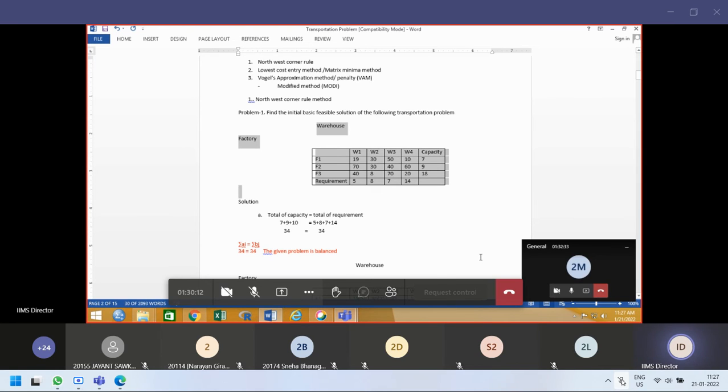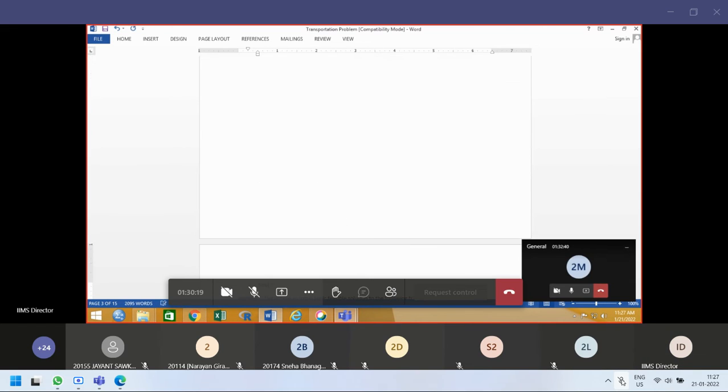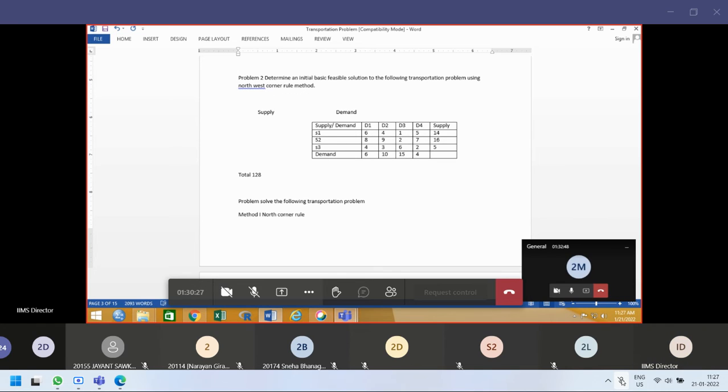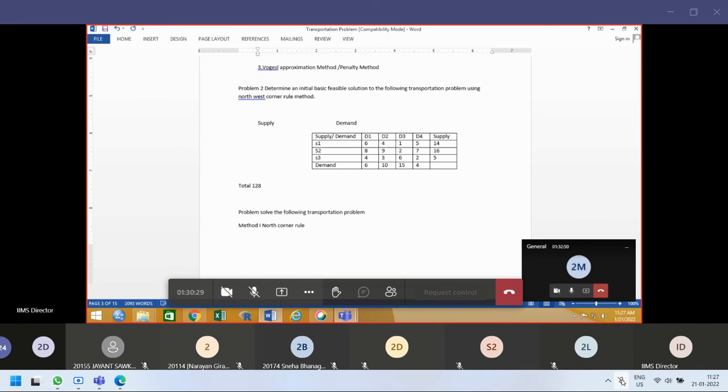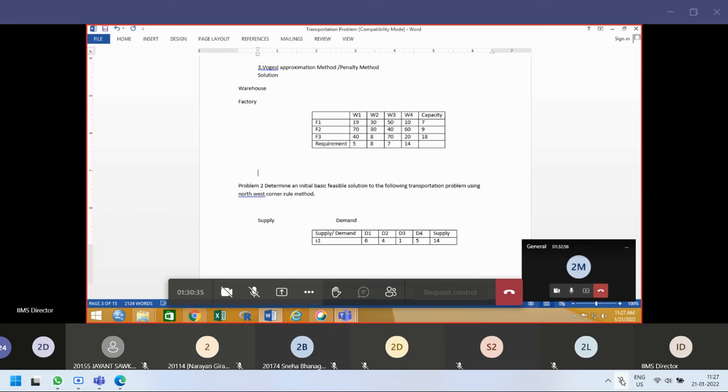Solution. It is a penalty method, right?